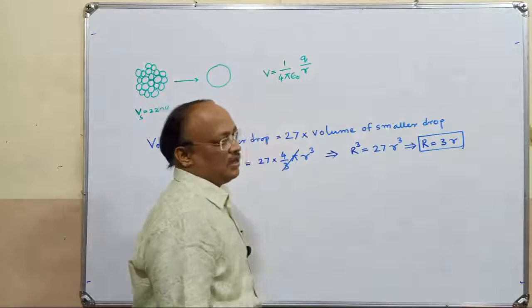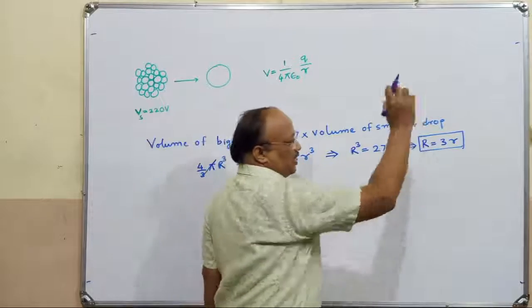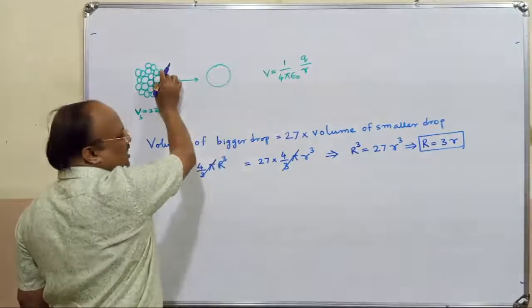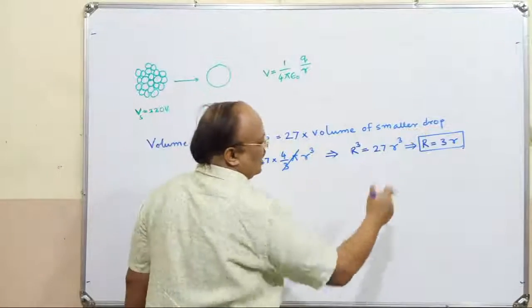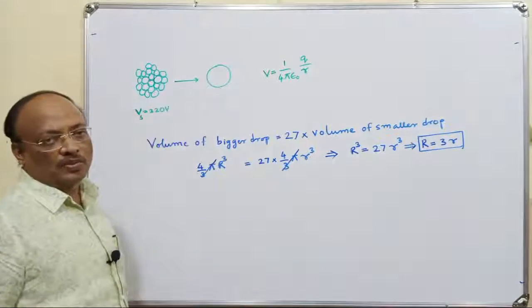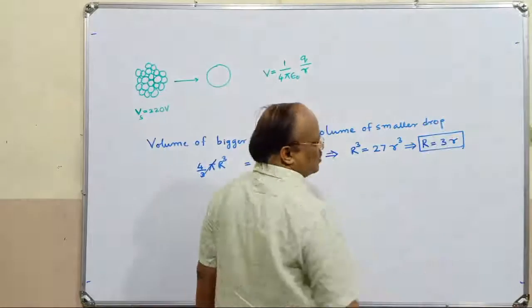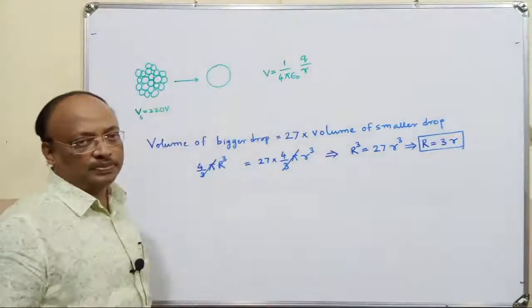What is this? The radius of the bigger drop is 3 times the radius of the smaller drop.